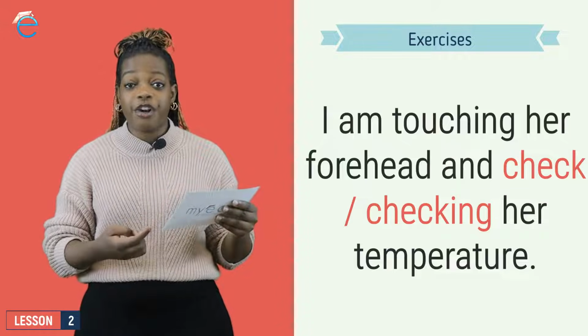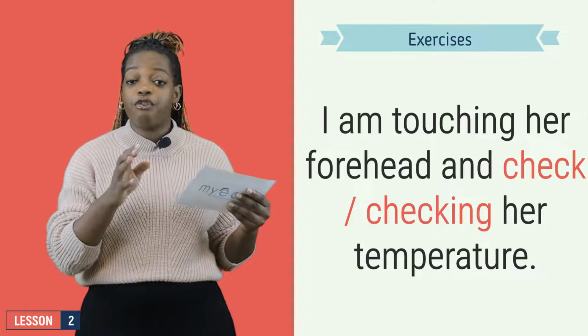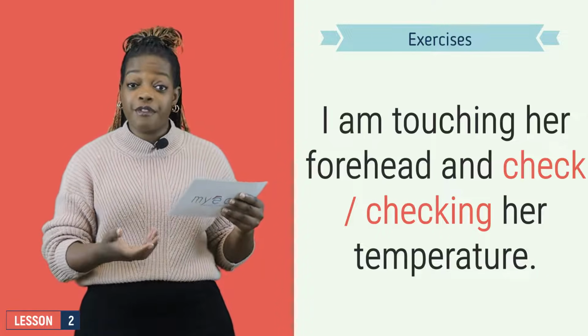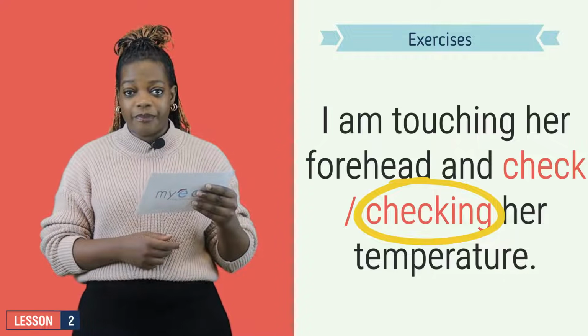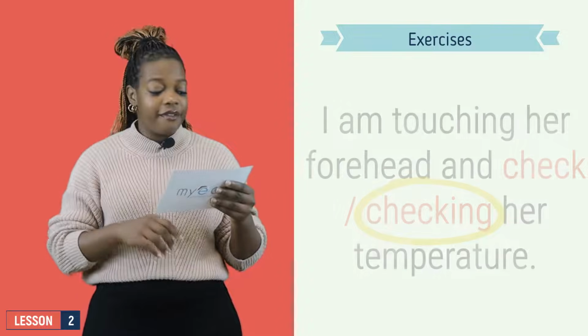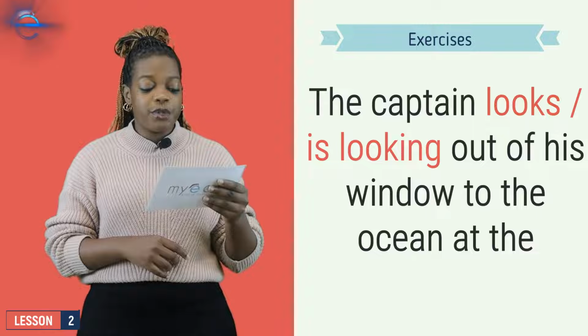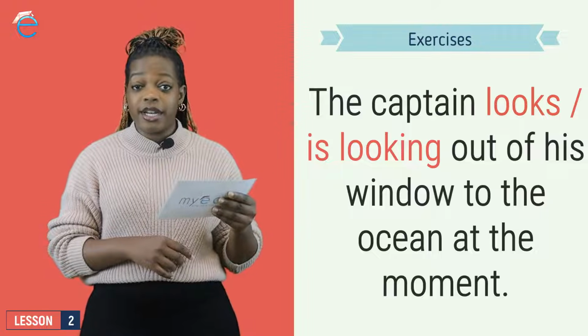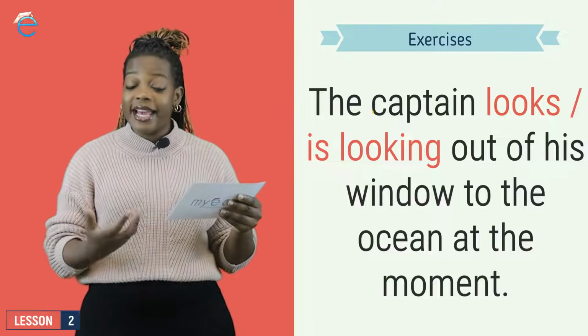I am touching her forehead shows it's an action I'm doing right now. It's observable. Checking her temperature. Number 5, the captain is looking out of his window at the ocean at the moment. The captain is looking.